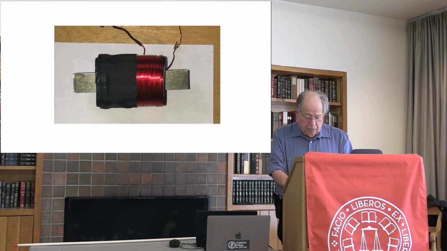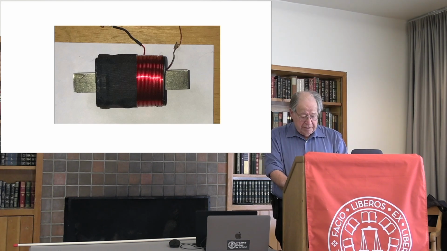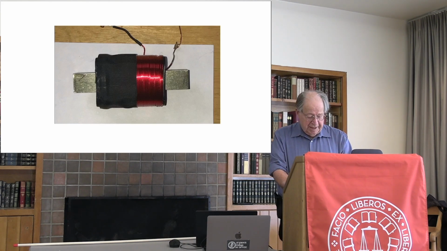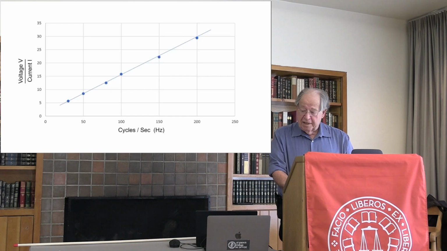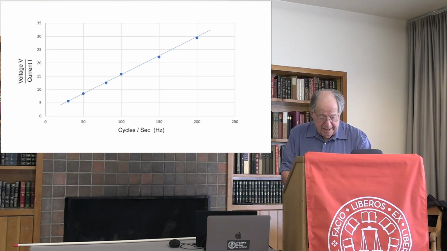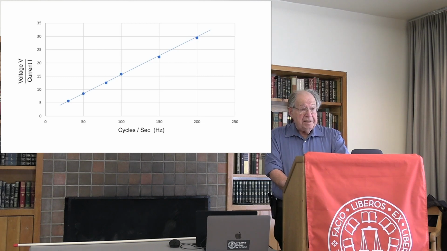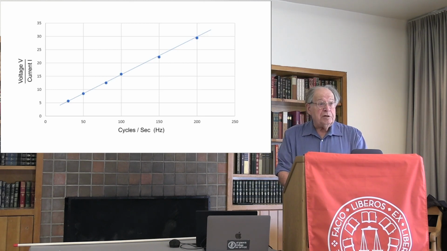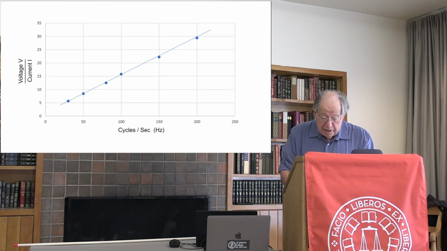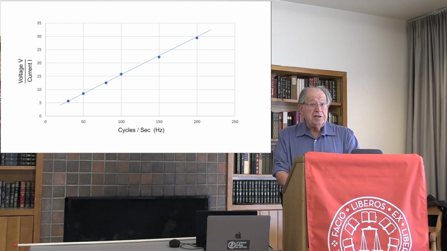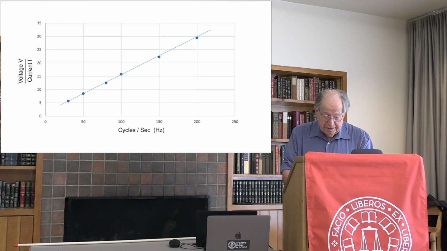Again, we measure the voltage and current at different frequencies, calculating their ratio for each frequency, and here are the results. The ratio of voltage to current, which was indifferent to frequency when the wire was straight, is directly proportional to the frequency when the same wire is wound into a coil.